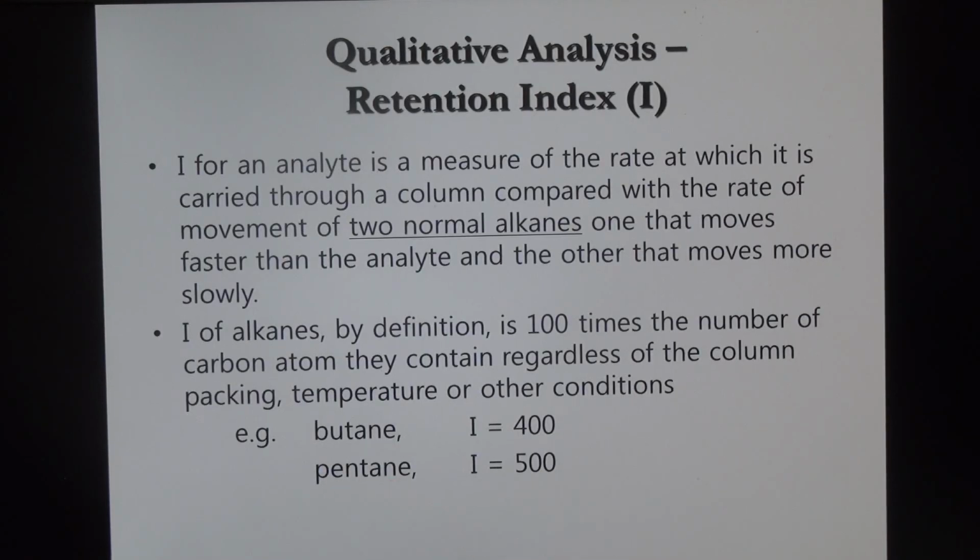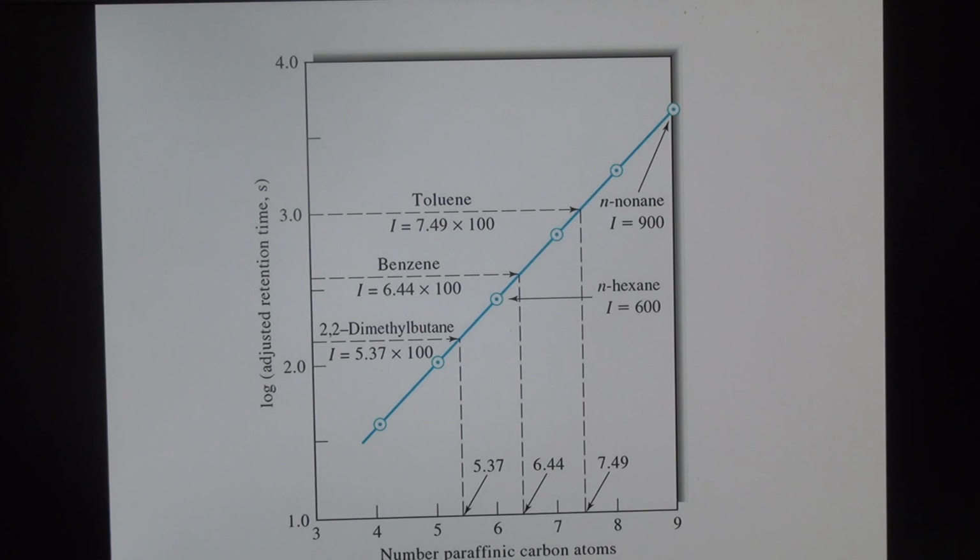For pentane, with 5 carbons, retention index is 500. And this retention index is independent of column packing or temperature or other experimental conditions, especially for normal alkanes.